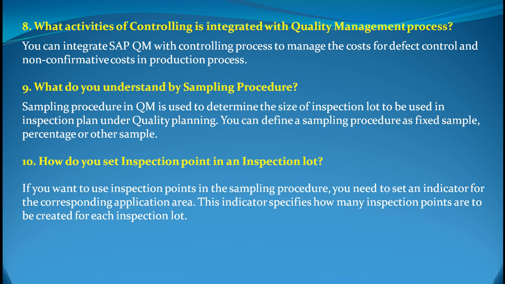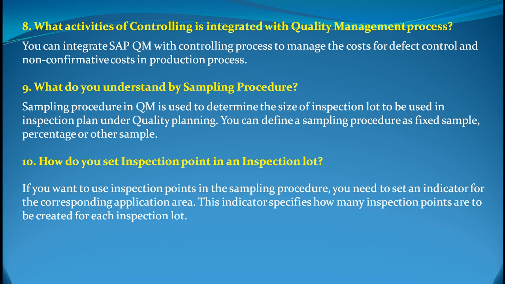The last question is, how do you set inspection point in any inspection lot? Now, be it whatever the lot is, how do you set an inspection point to it? If you want to set an inspection point in any sampling procedure, then you first need to set an indicator for the corresponding application area. Now, if there is a product that is being manufactured by a company, then you need to identify what are the indicators for me to check that this product is now worth for delivery, right?